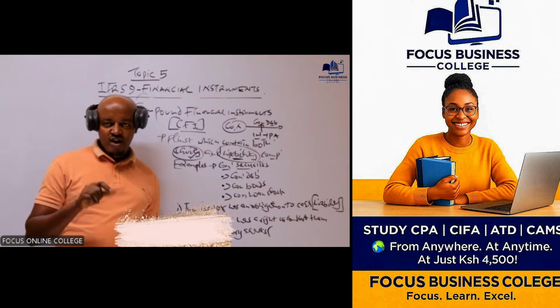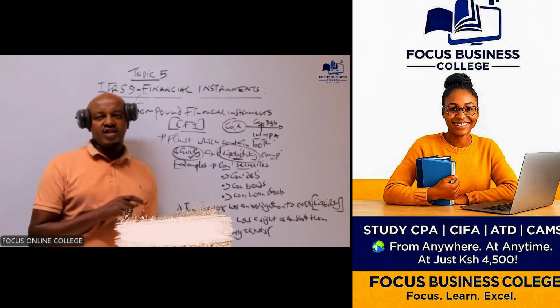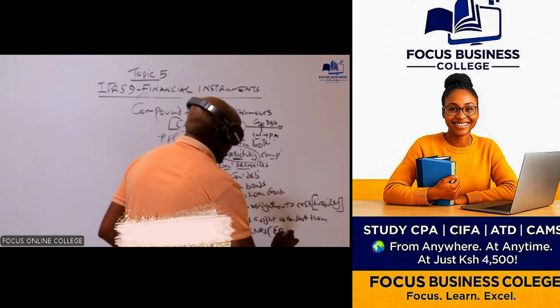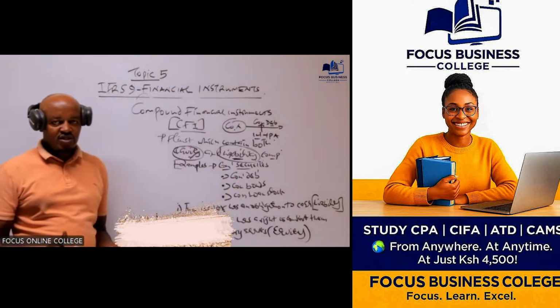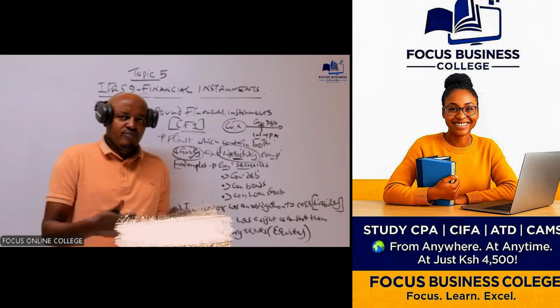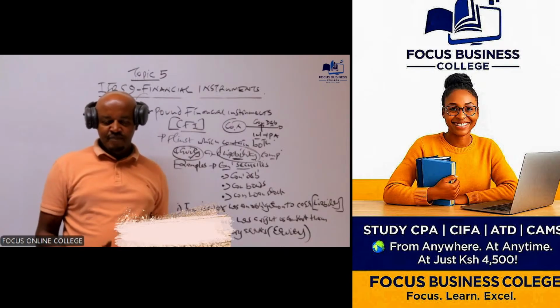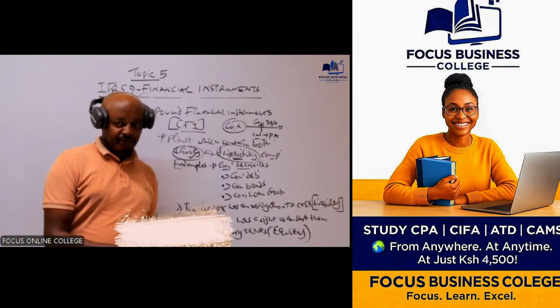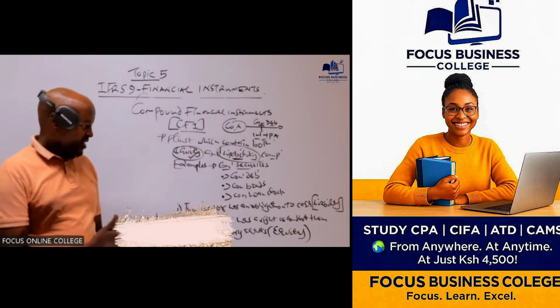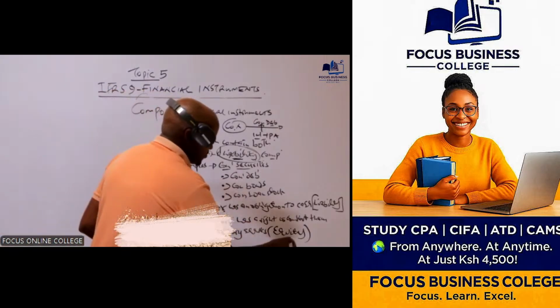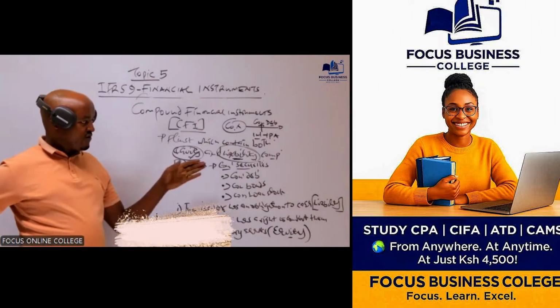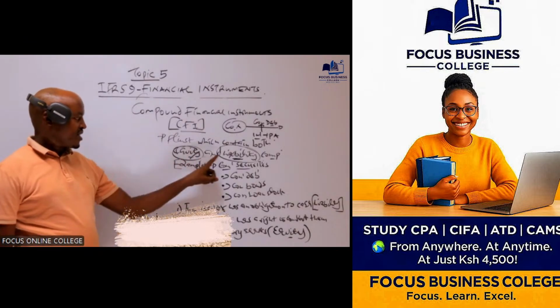It means that you have a right to receive ordinary shares of the company. Naturally, that right to receive the ordinary shares, we refer to it as equity, because equity is whereby you have already bought the shares of the company, or you have the right to be issued those shares. So that right you have to convert those securities into ordinary shares is called equity.